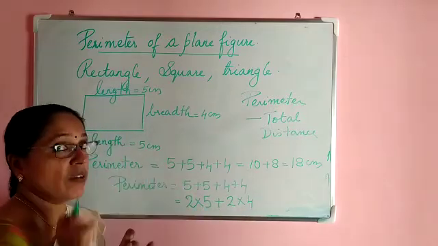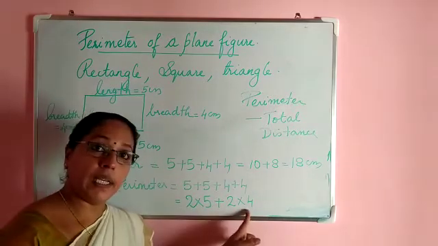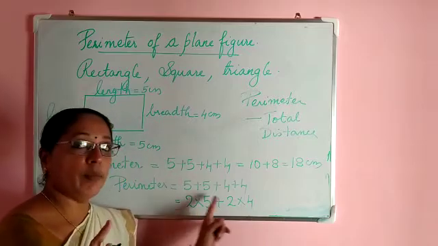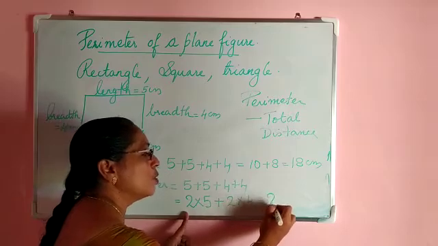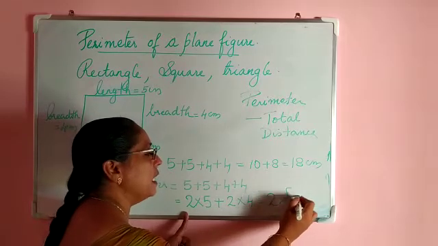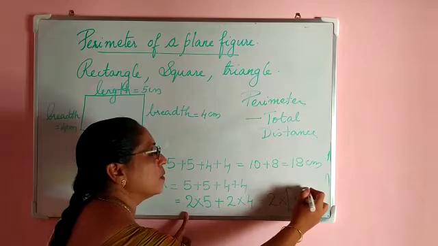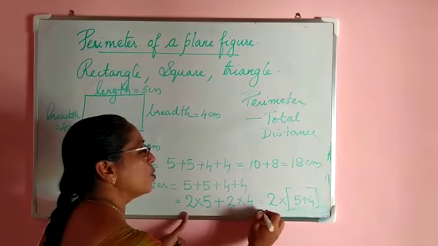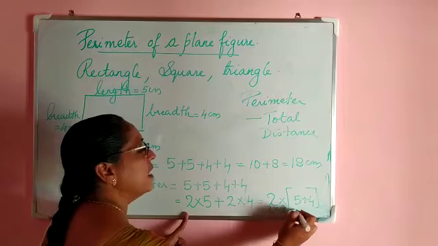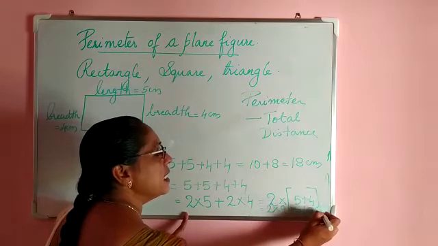This property is familiar to you all. What do you call this property? Yes, distributive property. What is the common number? 2. 2 into bracket 5 plus 4, that is 2 into 9, which is equal to 18 centimeter.